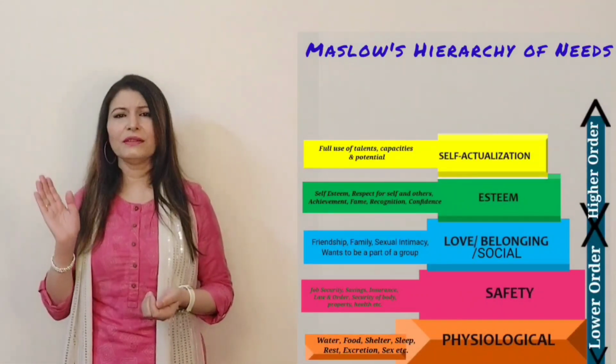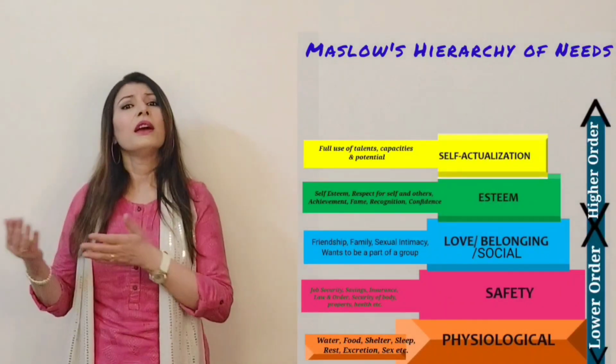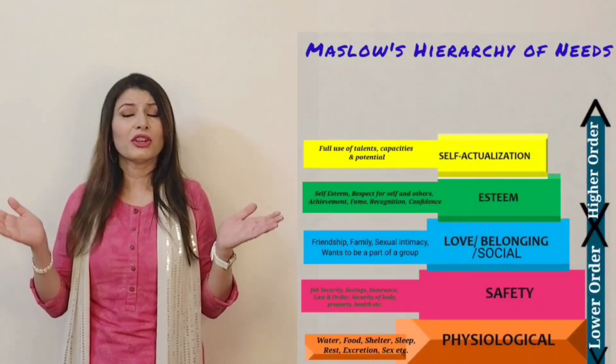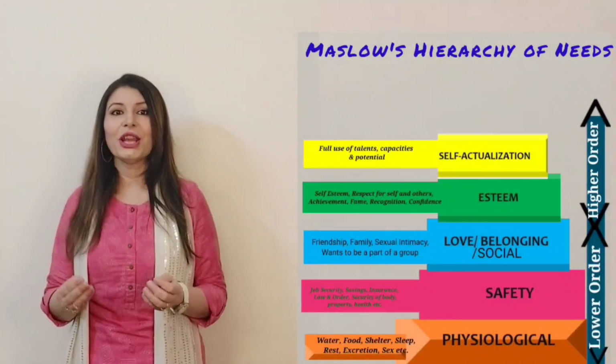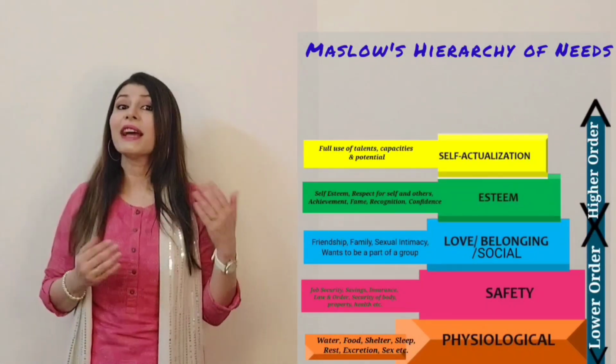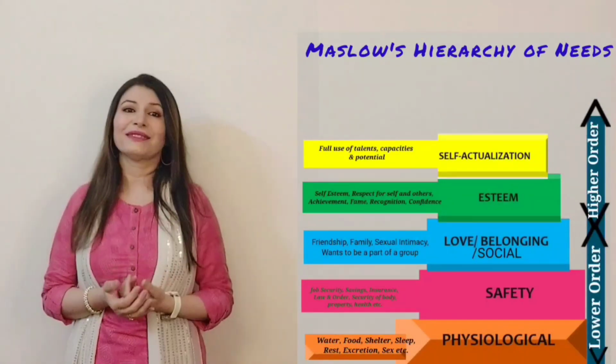Many musicians, choreographers, dancers, painters, poets, scientists, mathematicians and others have created something new and gained recognition in the world by using their talents, which means they have satisfied this top level need and achieved self-actualization.